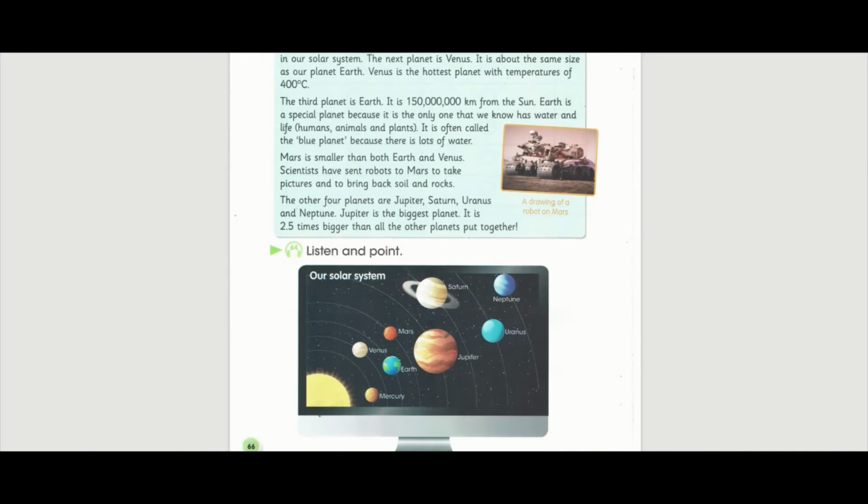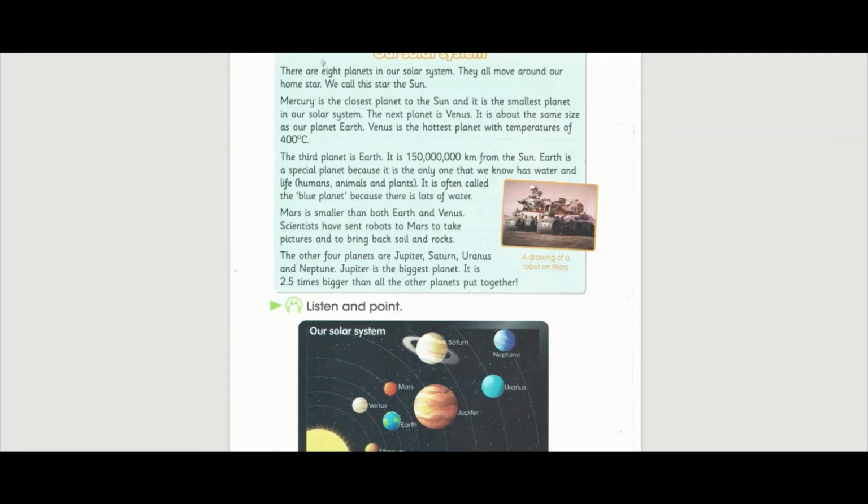What does he mean? This is Mercury, the smallest planet, أصغر كوكب, okay, among the other planets. أصغر كوكب ما بين الكواكب. And it is the closest planet to the sun. أقرب كوكب. It's clear? Okay.